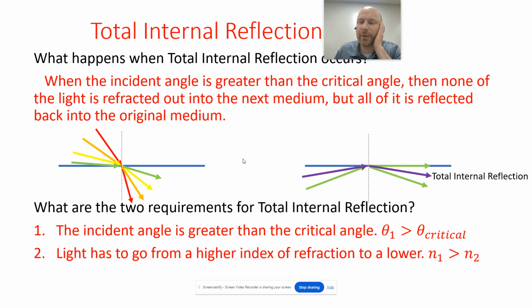So you're never going to get that refracted ray that's going parallel to the surface of the water as we did in the other example going from water to air. So you have to go from a high index of refraction to a low index of refraction to get a total internal reflection.